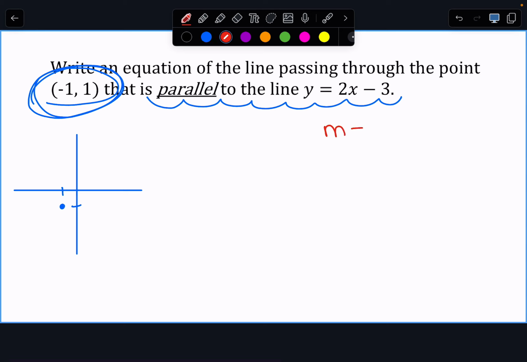So we know that the slope is 2 because parallel slopes are the same. Okay. So we know that our line has to have the same slope since we're parallel.